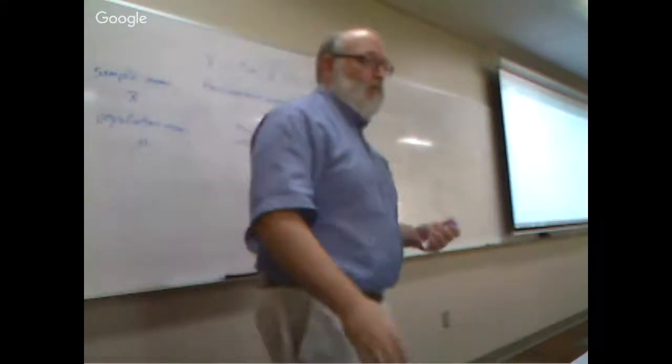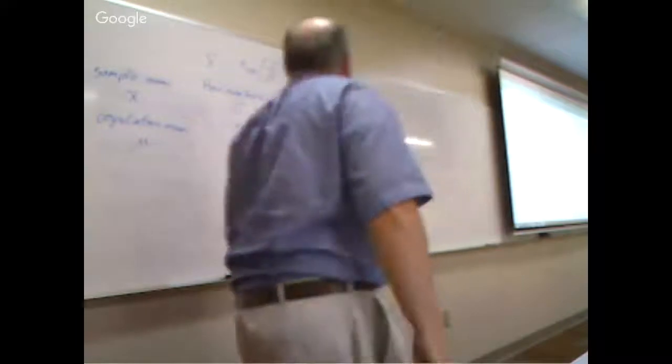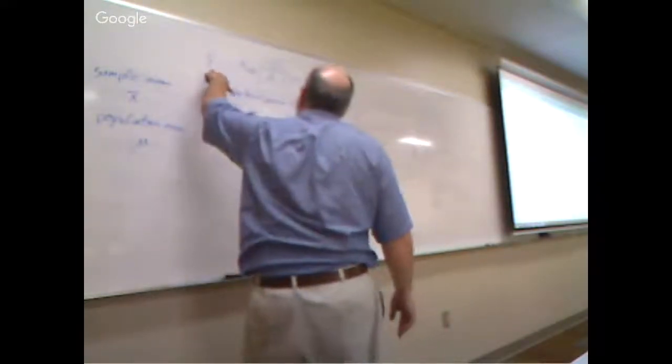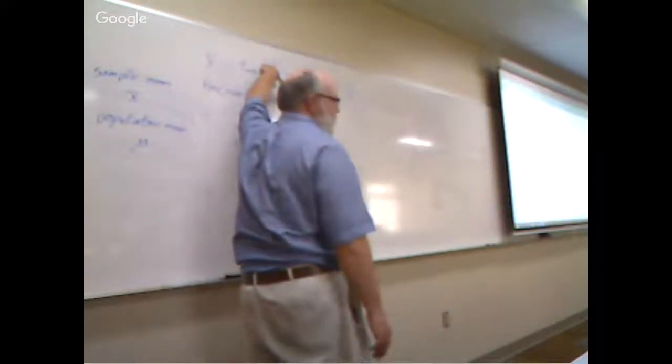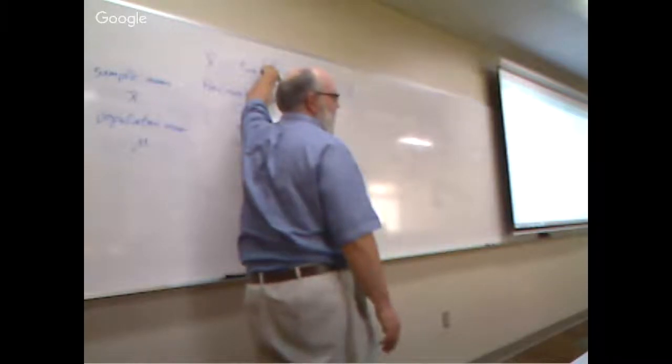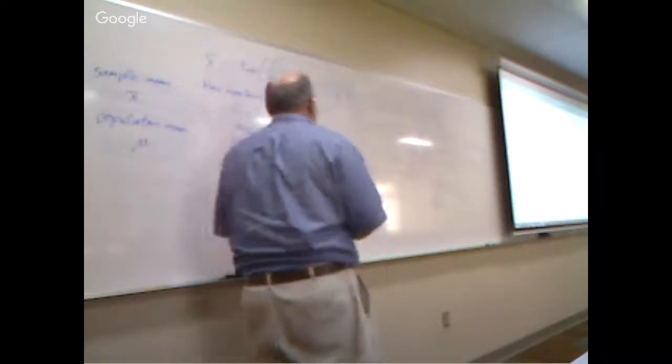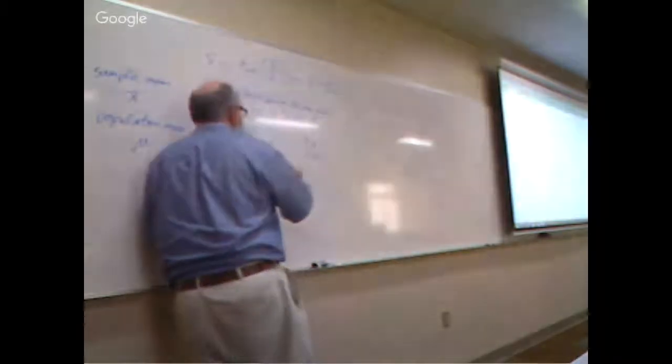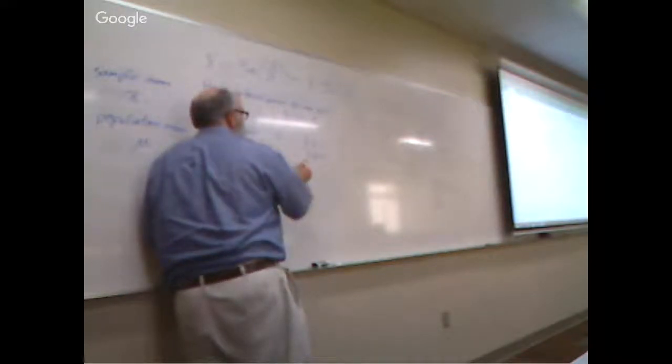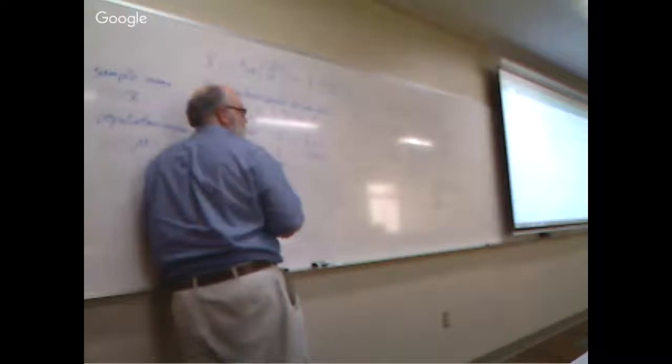So I have X bar, I have S, standard deviation. What is N in this situation? The number of people in the sample. The number of people, which in this situation is 6.